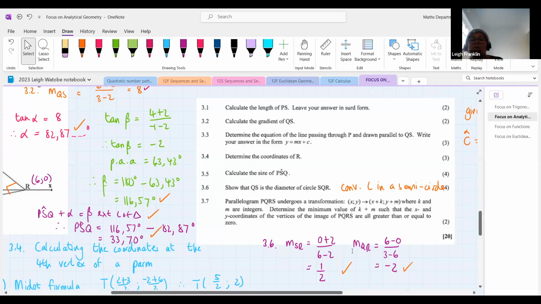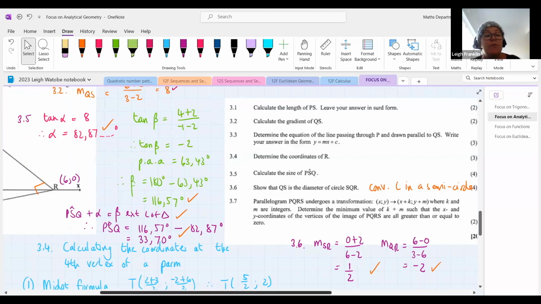Wow, what a mouthful. Okay, let's break that down. Okay, well, we all know what integers are. Okay, so that means that that bit is easy to understand. So they want us to add K and M together. So we've got to add the values or the numbers, our integers together, such that the X and Y coordinates of the vertices of the image of this are all greater than or equal to 0.